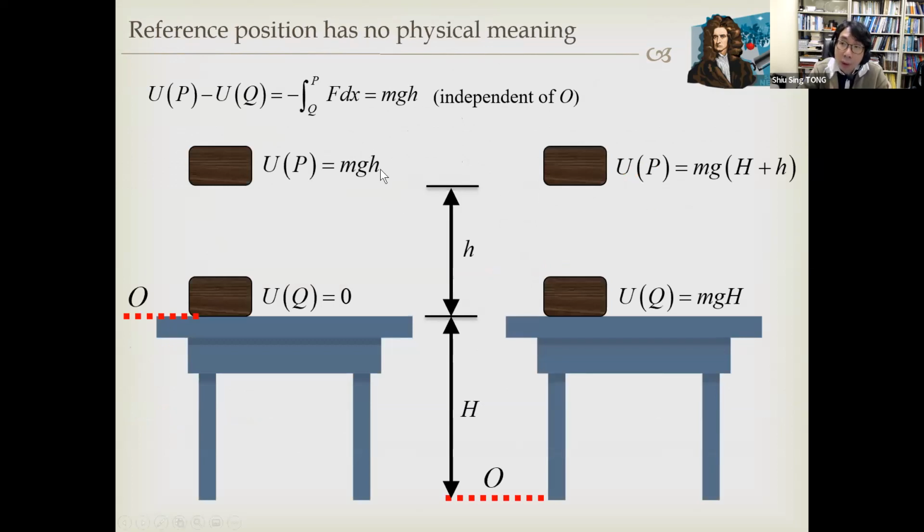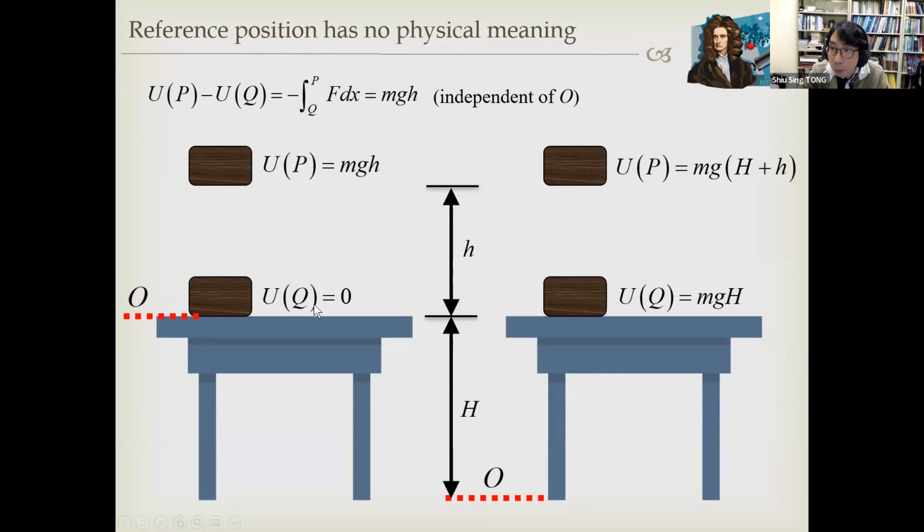Suppose I want to calculate the potential energy gained by raising an object from the table to a small height h above the table. Now, if I use the surface of the table as a reference position, which I call O, then initially the potential energy is of course 0.